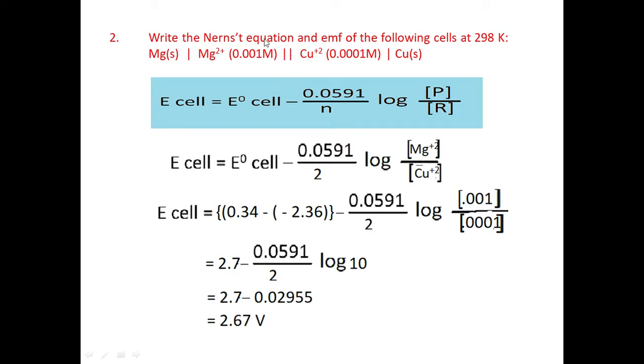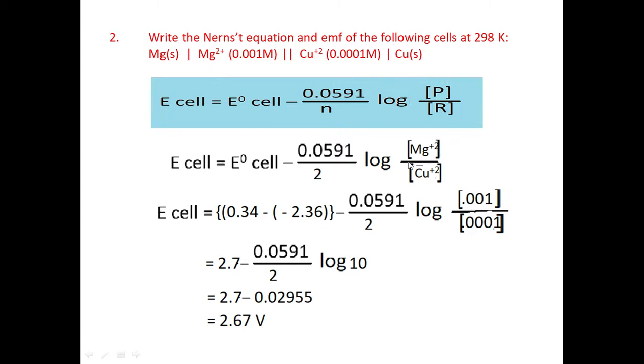Now, you can see here it is a cell expression, and these two vertical parallel lines represent the salt bridge. Whatever is written on the left side is called the oxidation half cell, and whatever is written on the right side is called the reduction half cell. So you have to write reduction minus oxidation, that means the oxidation half cell is always considered as the product.